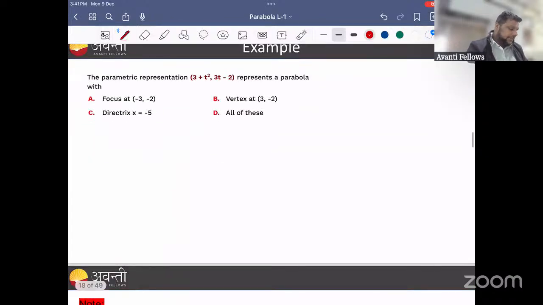Got it? Now, a question in a reverse sense: the parametric representation (3 plus t square, 3t minus 2) represents a parabola. Which one is this? First of all, eliminate the parameter and get the conic. x is 3 plus t square. y is 3t minus 2.